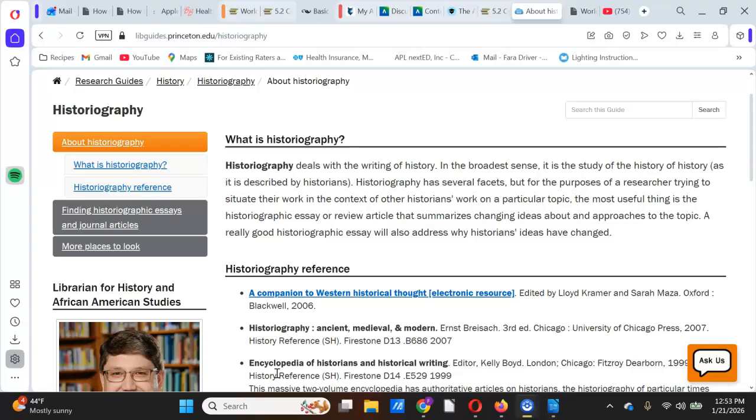Now, history uses different types of sources. We use primary sources, which are documents written in the past by people who were there. And that's part of why, as I was saying, when history changed, when historiography changed in the 1960s, a lot of that was because all of the historical documents we'd had pretty much up until the 1800s were written by the elite because they were the only people who could read and write.